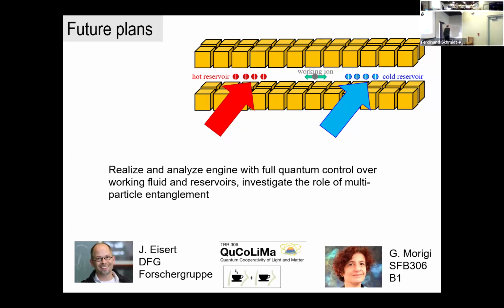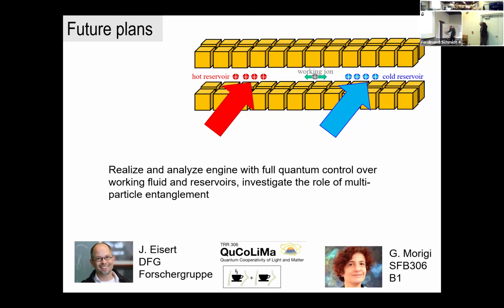People are hopefully aware that this is true. So let's say we have a two-level system. This is the electronic ground state with the electronic excited state.